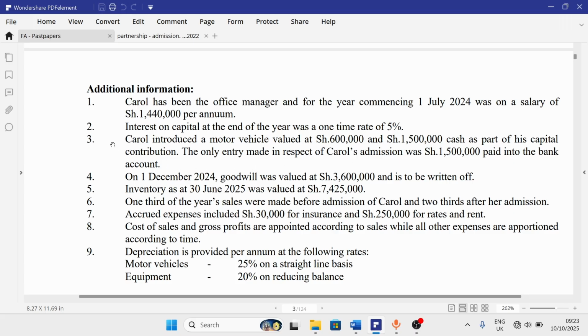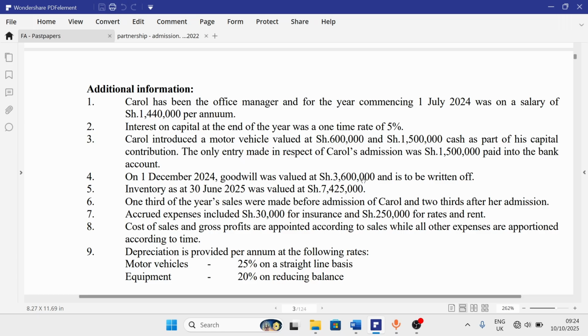So according to point number 3, Carol introduced two forms of capital. So one is in form of asset, which is motor vehicle. The other one is in form of cash, 1.5 million. But for the cash, the entries were made in the books, and for the motor vehicle, there were no entries made in the books. So we are going to make adjustments for capital introduced in form of asset.